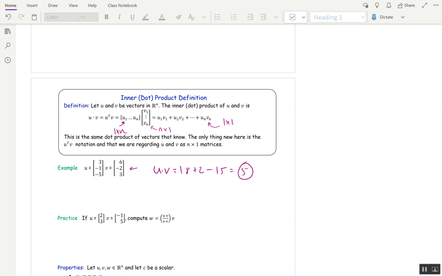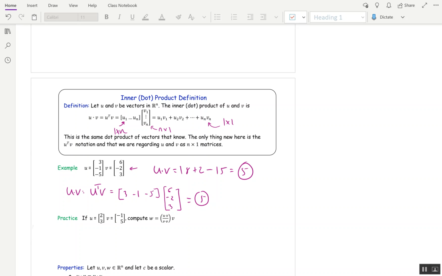Let me just illustrate how you would dot with the new definition. u dot v is u transpose times v, which is u transpose, the matrix 3, -1, -5. And v, instead of thinking of it as a vector, we're thinking of it as a matrix 6, -2, 3. And when we do that matrix multiplication, of course, we just get 5.